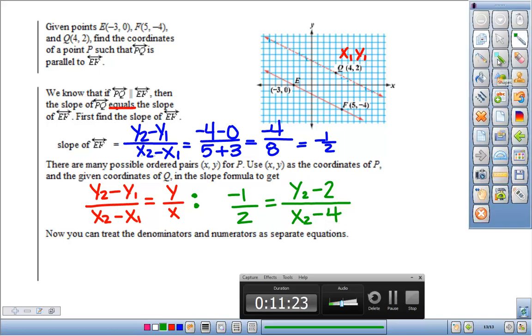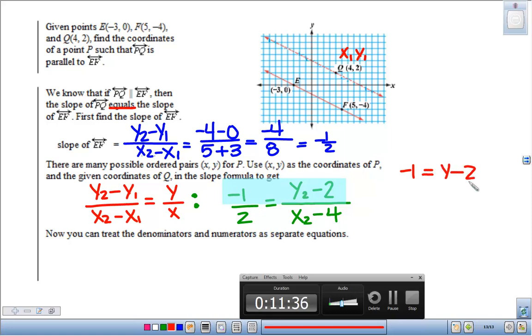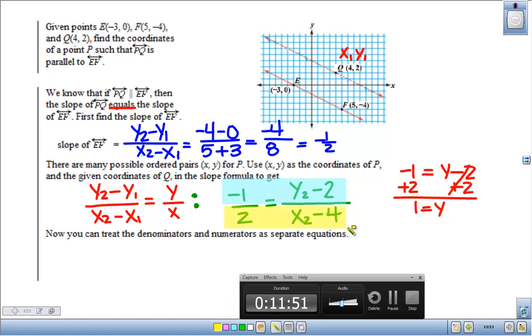Now I can look at these as two separate equations. I'm going to look at the top and solve this. In the top I have negative 1 equals y minus 2. I'm solving for y, so I'm going to move the 2 over by adding. Negative 1 plus 2 is positive 1. Now I'm going to look at the bottom to find x.